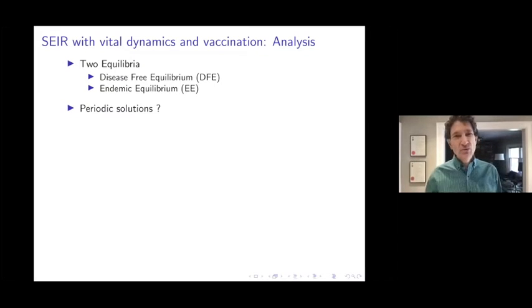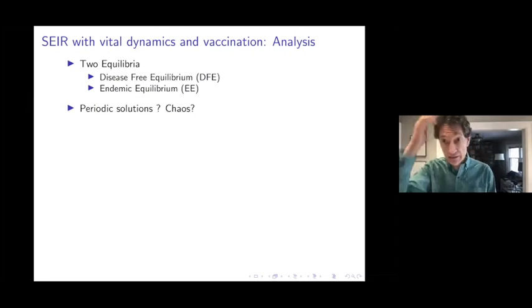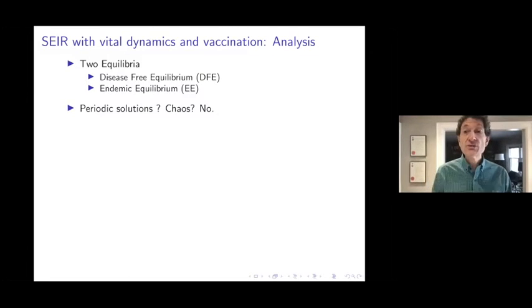Now, an equilibrium isn't the type of solution of the model that we might hope for, because I just showed you a time series that showed periodic behavior. So are there periodic solutions to this system of equations? Or are there chaotic solutions which could explain the irregularity that I mentioned? The answer is no. There are no such solutions.